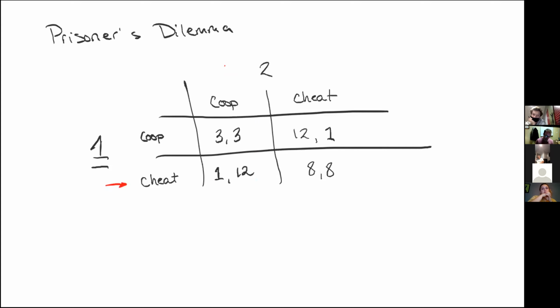And here's the other thing. If we knew that player 2 was going to cheat, what would we do? Now we're looking at this column here. Would we want to keep our mouths shut, or rat out player 2?